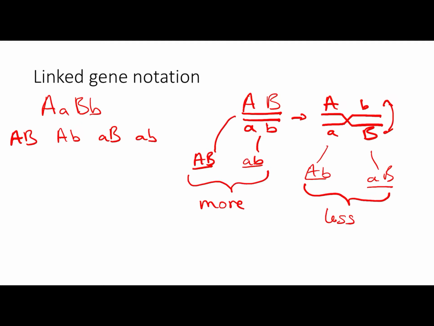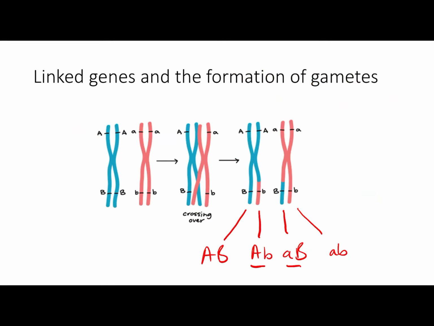Now, the number of these gametes that we get depends on how close those genes are together on the same chromosome. So if they're quite far apart, like on this one, crossing over is going to happen quite a bit between these 2. So you're going to get more of these, but not as many as these and these.